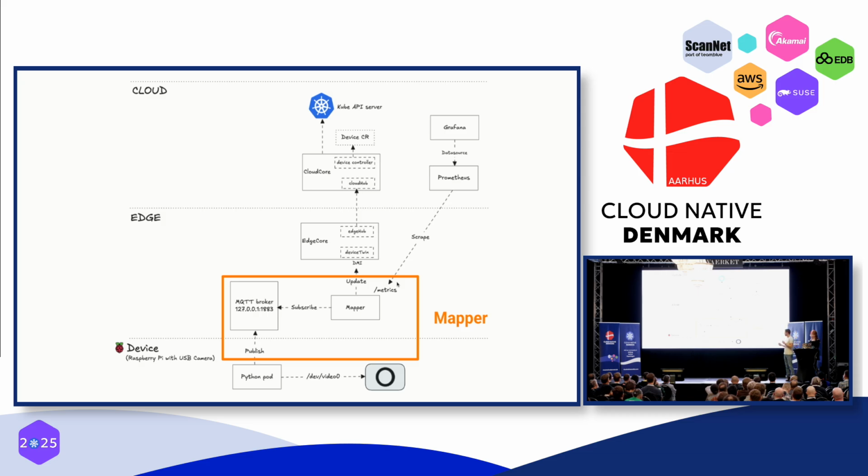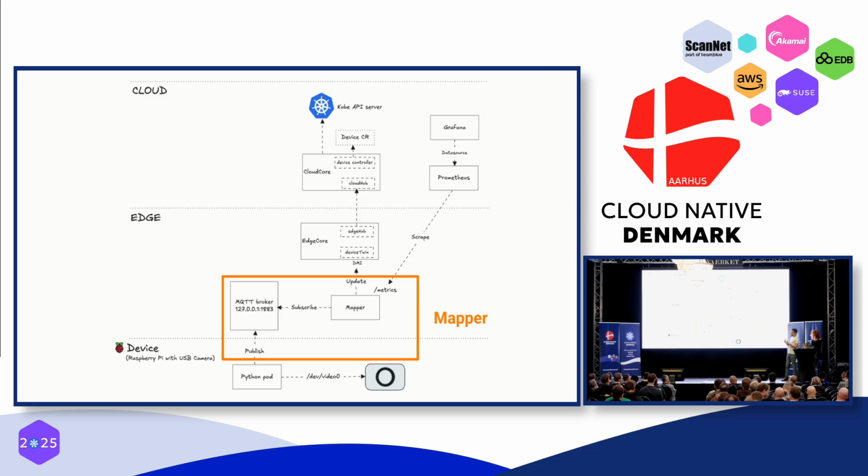To talk a little bit about the mapper itself, it is quite simple in how it works because it is simply subscribing to an MQTT topic on a broker. Whenever it picks up a change of values, it will update the device in the edge core and expose that value on a metrics endpoint.